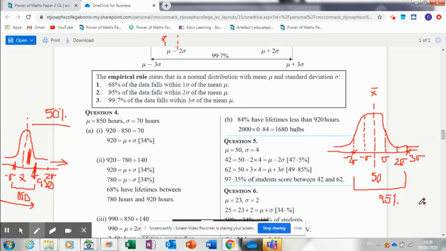We know that that's 95%, and we know between -3 below up to here is your 99.7%.